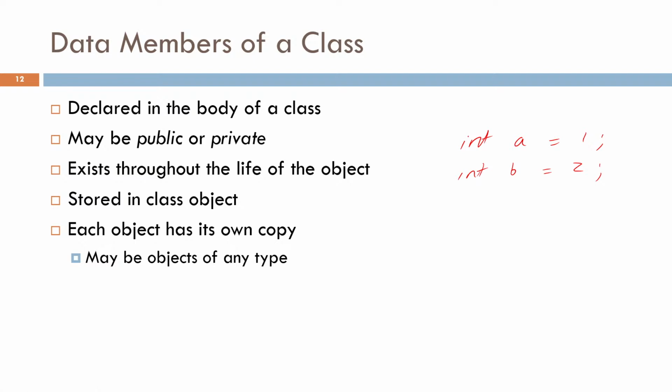Let's say int b also had a value of 1, but we know that the 1 in a only belongs to a, and the 1 in b only belongs to b.